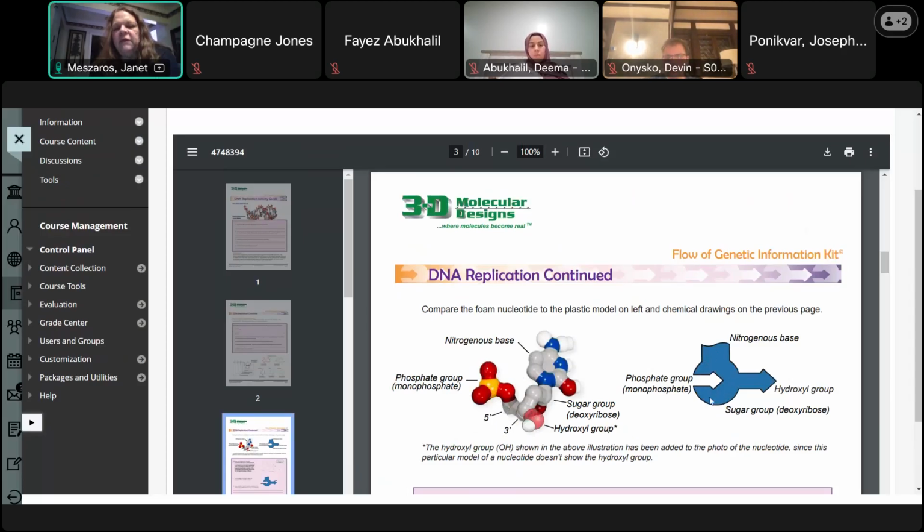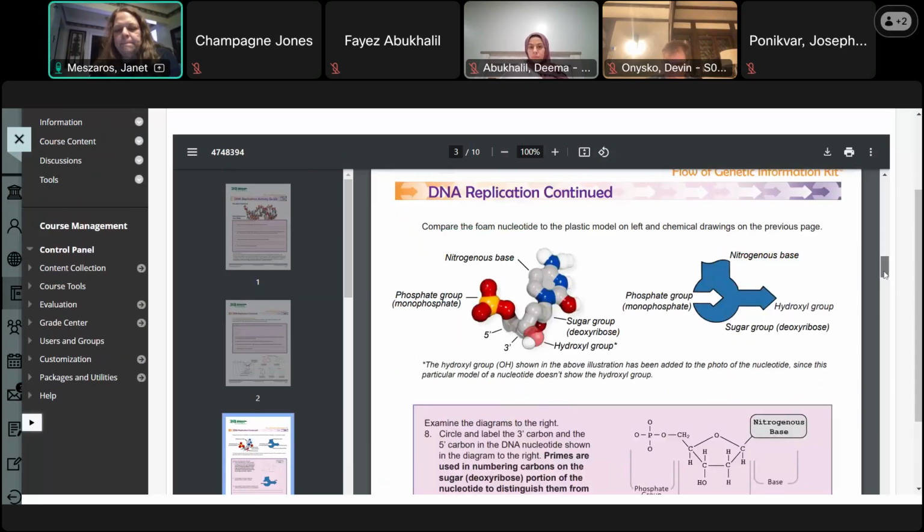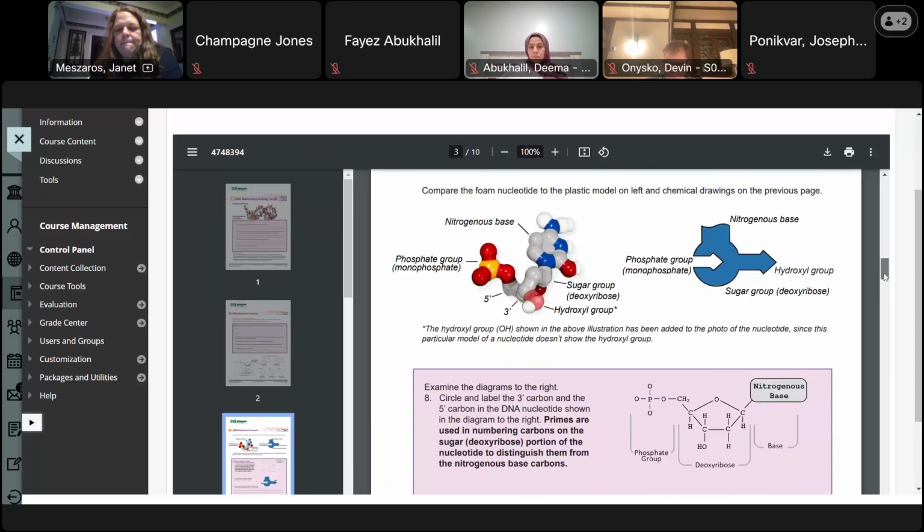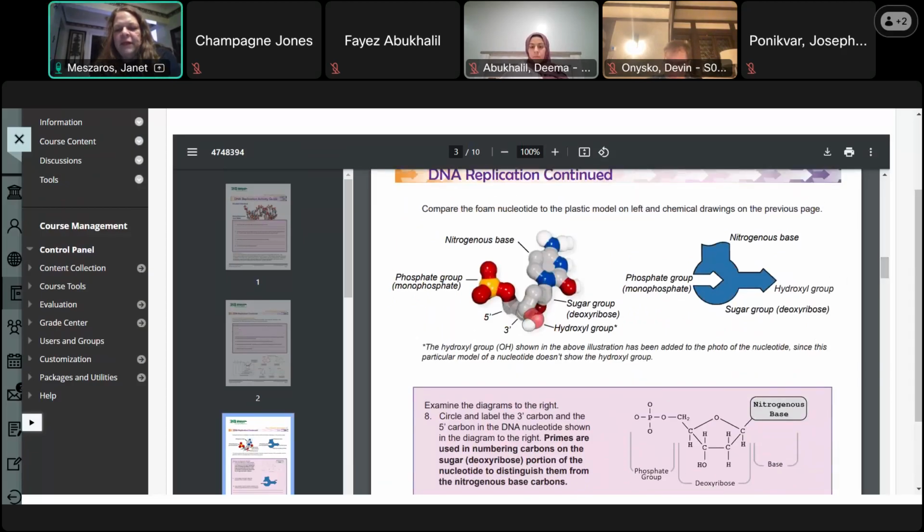This whole thing is the sugar, okay? So this would have been a 3' carbon. Here's the hydroxyl group, okay? Let's go back. And they've got this right here. Here's your sugar in the nucleotide, deoxyribose.